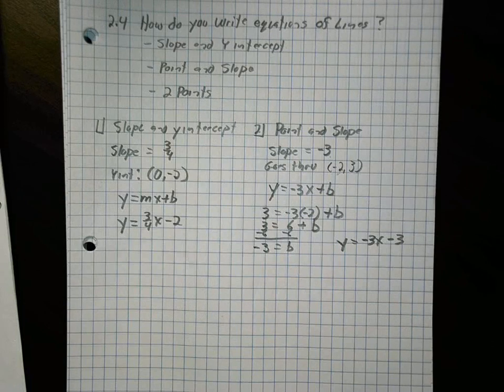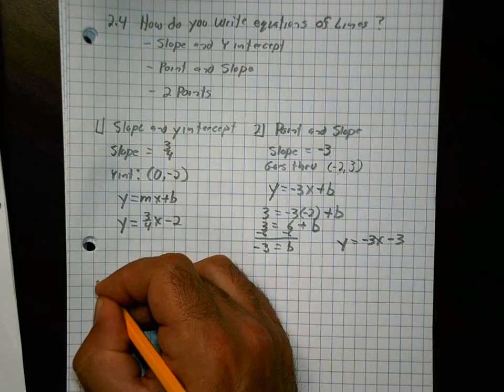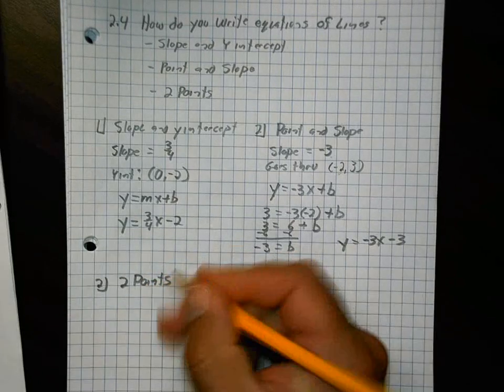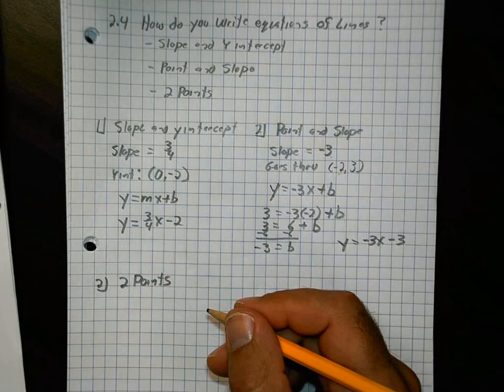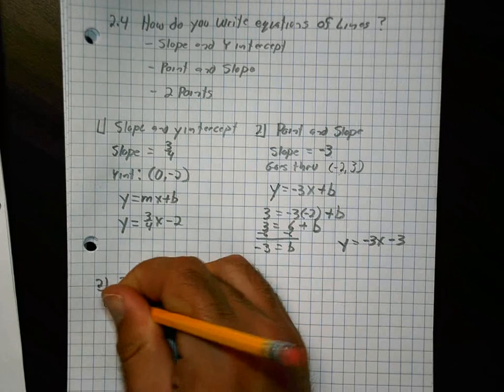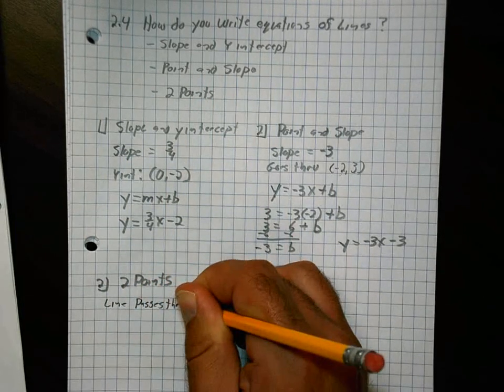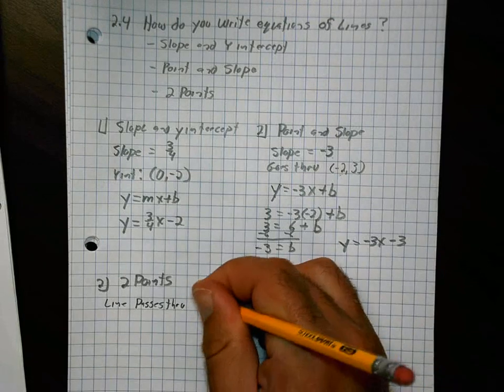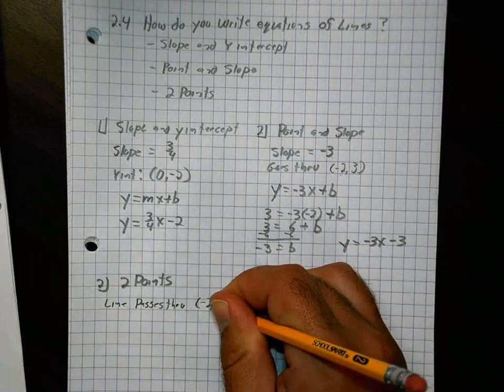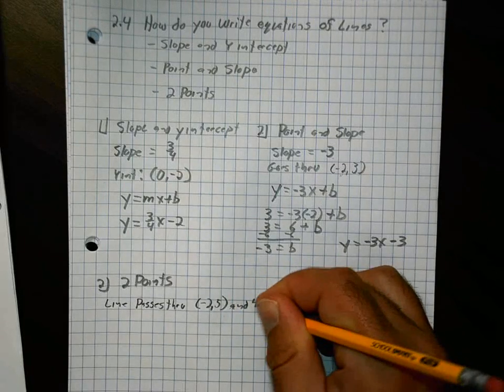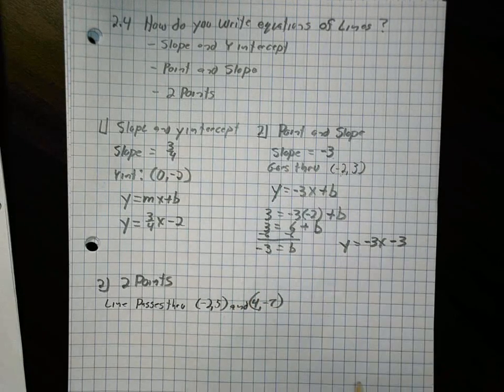Finally, the last case, what if you're given 2 points? Let's say the line passes through (-2, 5) and (4, -7). We don't have a slope, we don't have a y-intercept.